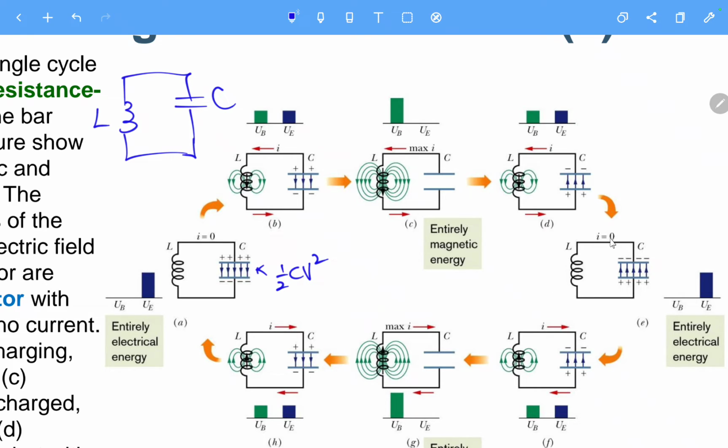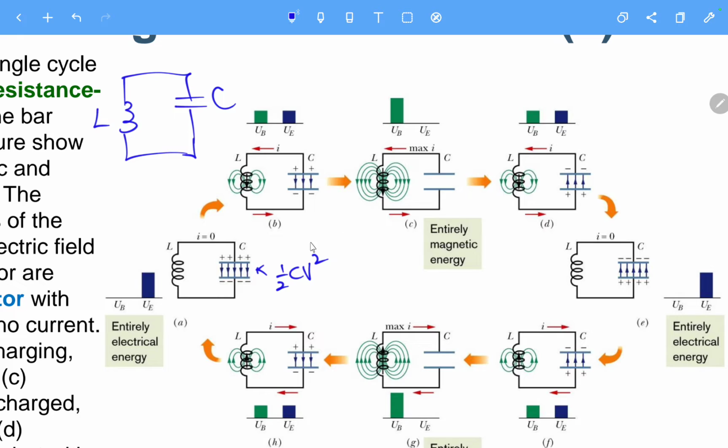And you can also choose another way. But here, for simplicity, we have all the energy stored in the capacitor and no energy stored in the inductor. Of course, you can have the other one as the initial condition if you like: no initial energy stored in the capacitor and all the energy stored in the inductor, which means we have current going through the inductor and no charge accumulated on the capacitor.